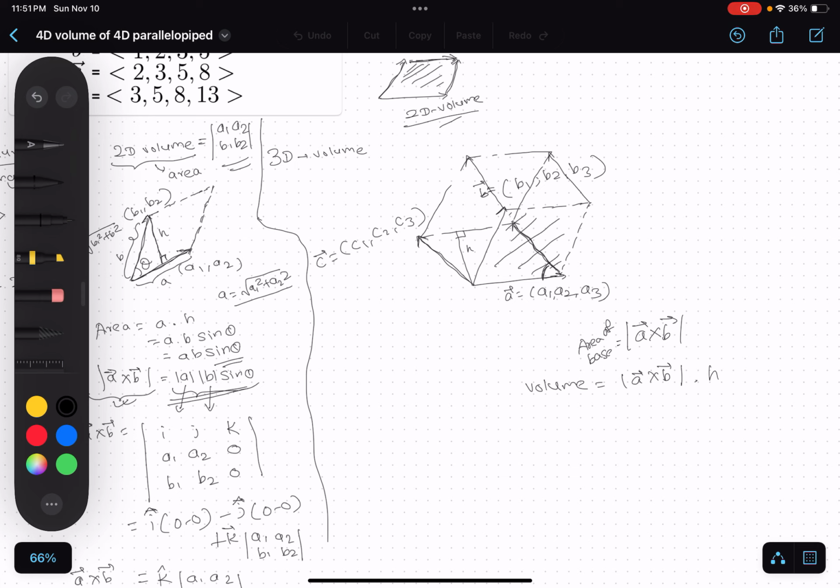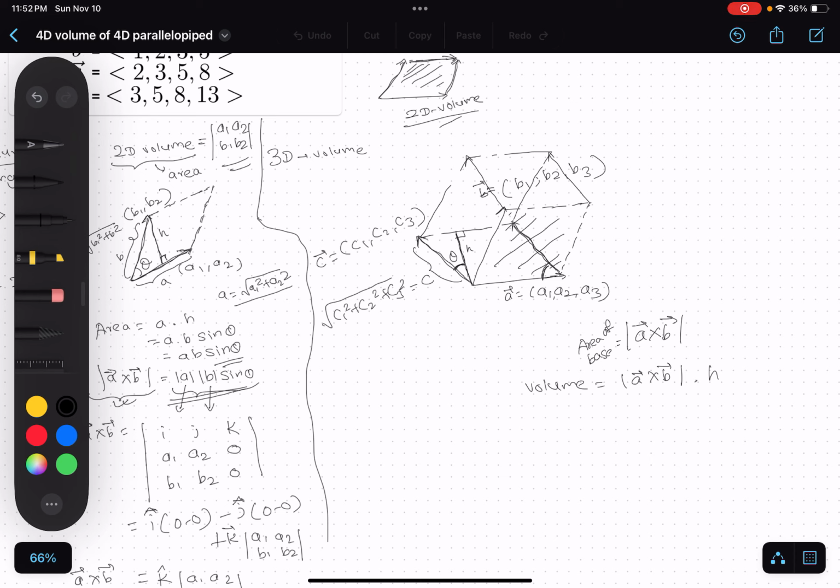Now we don't really know the height, but we do know the magnitude of this c vector, right? This line over here, which I can call c, the magnitude of the c vector, is the square root of c1 squared plus c2 squared plus c3 squared. Now in terms of the c vector, let this angle be theta, the angle that the c vector makes with this perpendicular line.